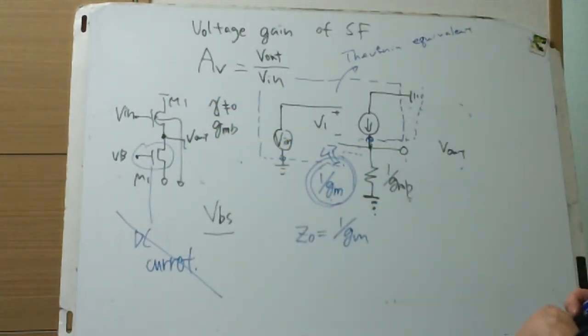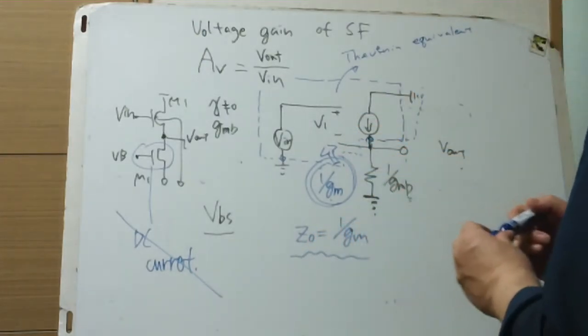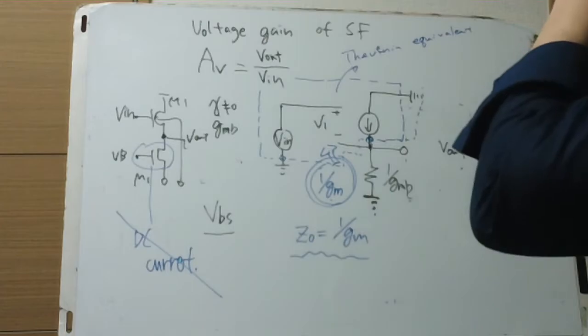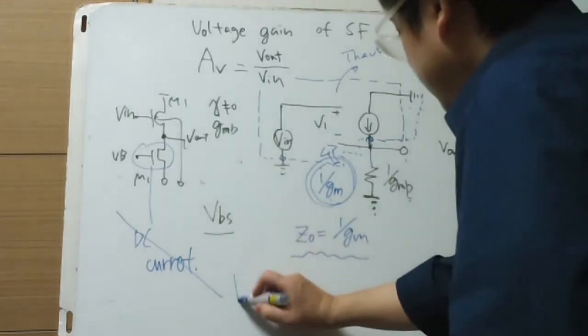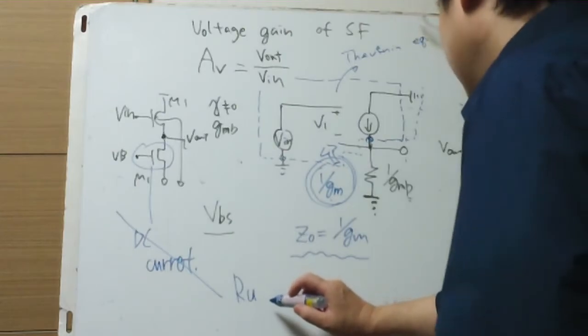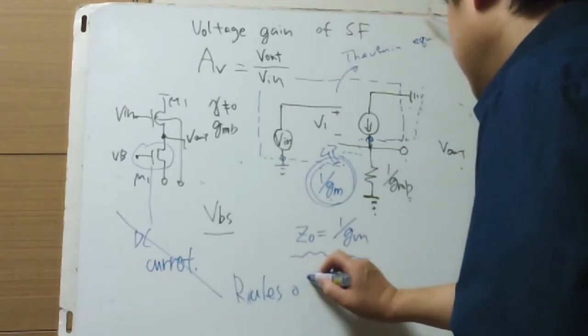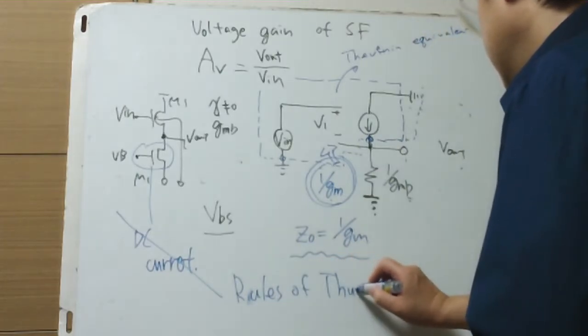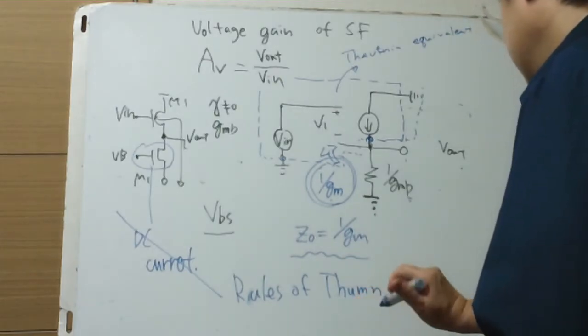Okay, and we utilize this method to find it easily from the rules. One of the rules of thumb is important. Rules of thumb is difficult to spell. I sometimes mistake it, finger, thumb.